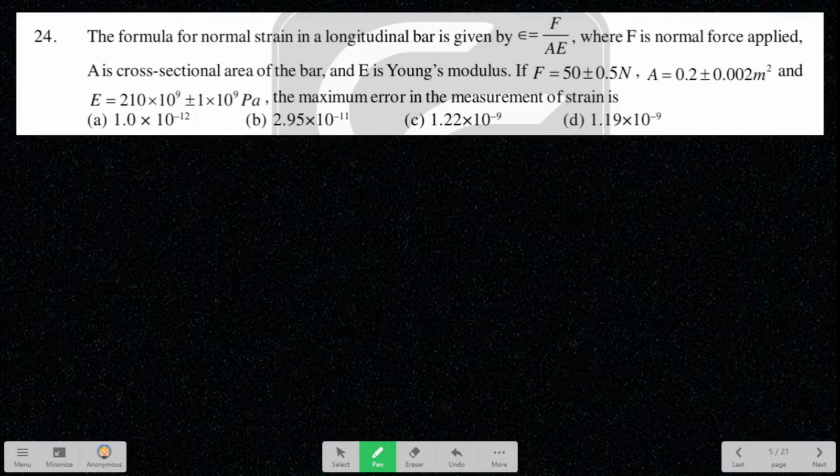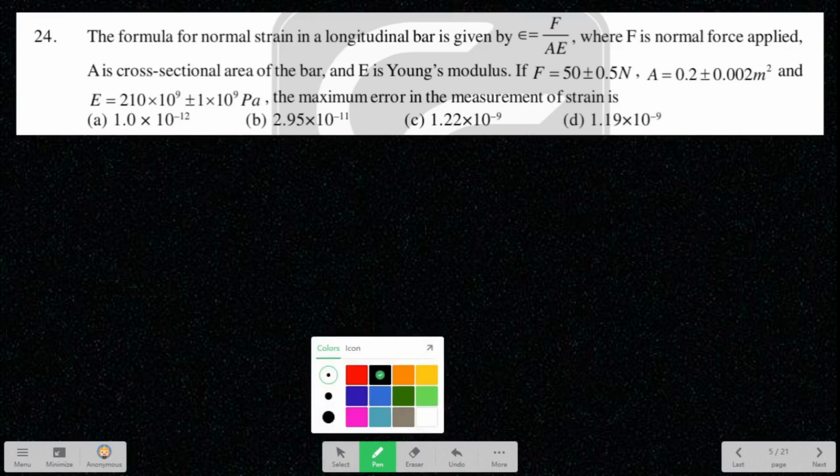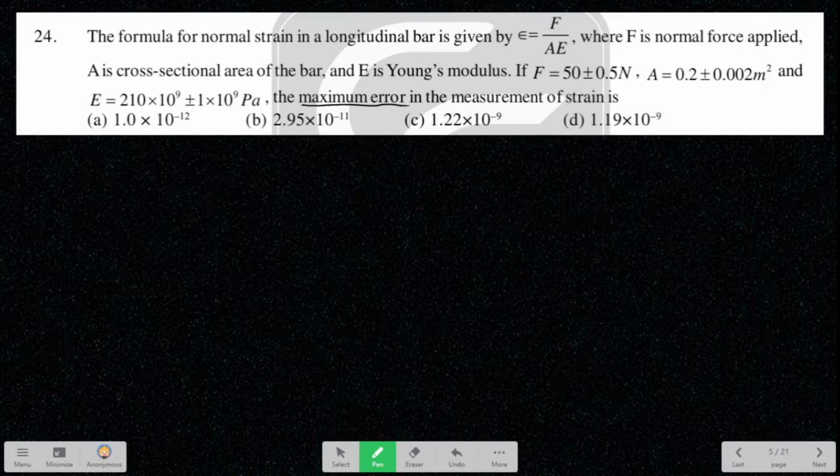This question here is from JEST 2014. We are told to find the maximum error in the measurement of strain. So there is a formula for maximum error.